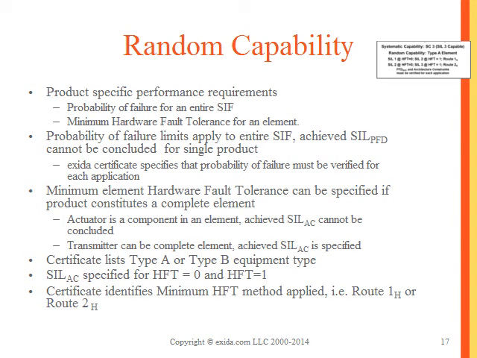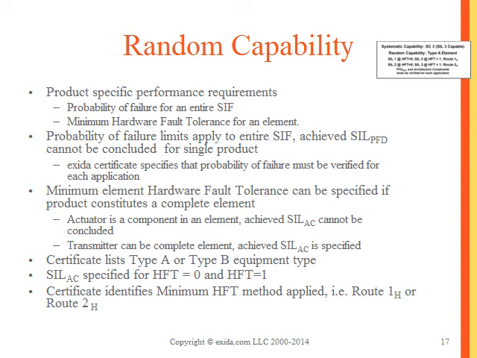Now, there's also a clause in 61511, clause 11.4.5, that allows you to deviate from 61511 as long as you are compliant with IEC 61508. And so many of our customers will actually use the architecture constraints that are defined in IEC 61508, even though they're end users and they have the IEC 61511 standard that they want to be compliant with.